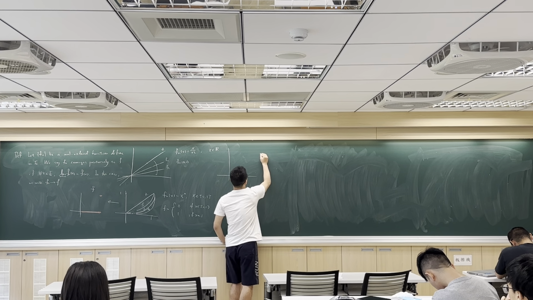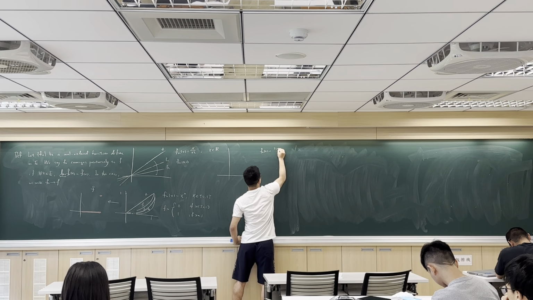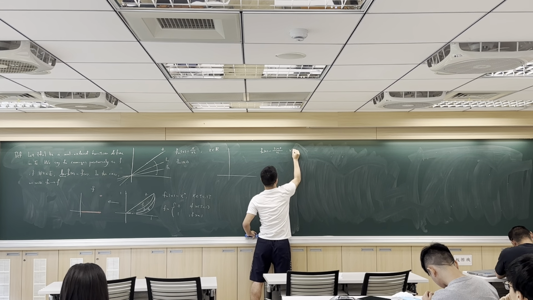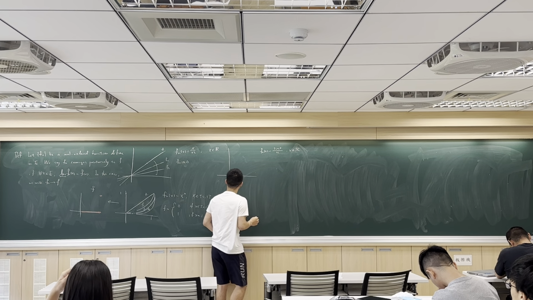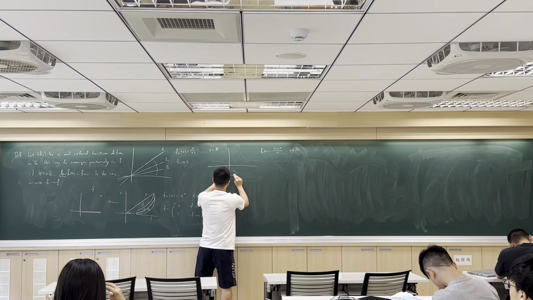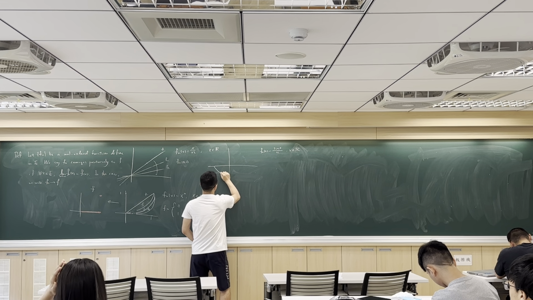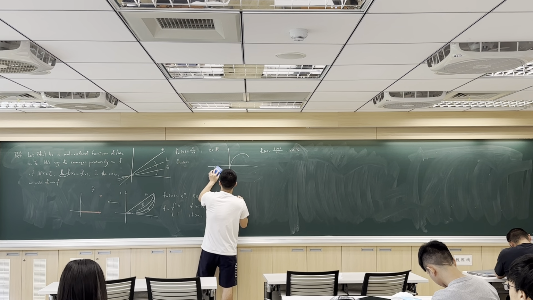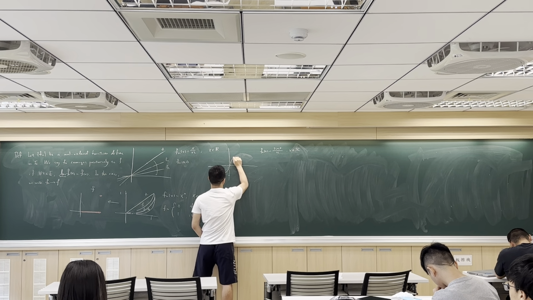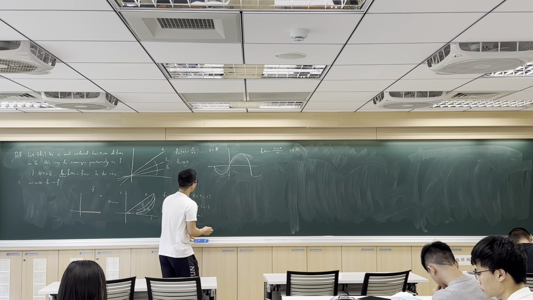Okay, next one. Fn(x) equals sine x over n, where x is a real number. So the graph is like this.